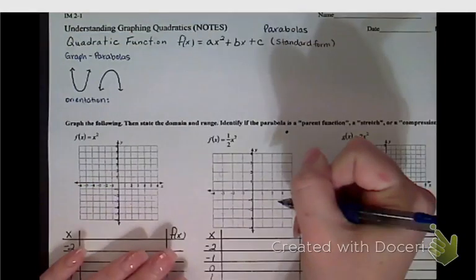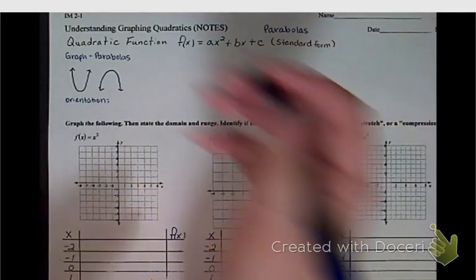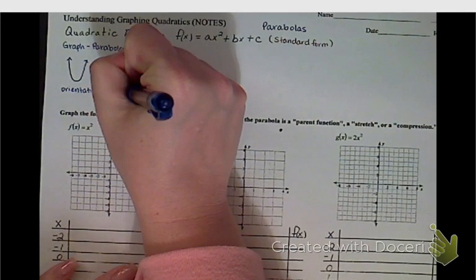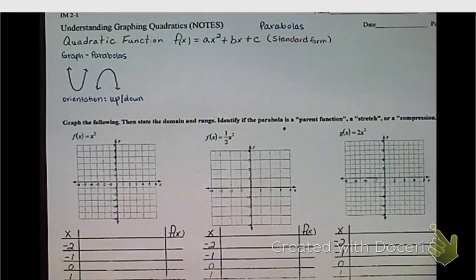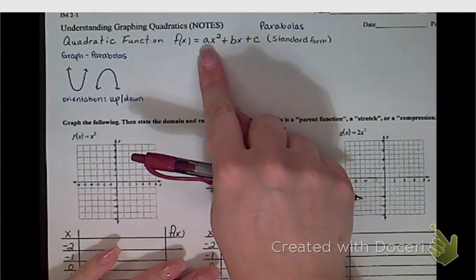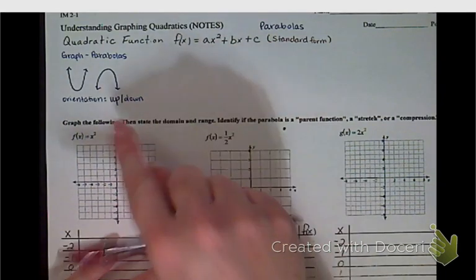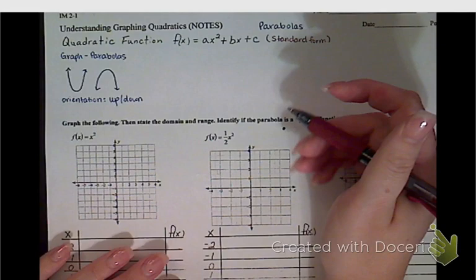So if you see orientation, you're going to say up or down. Now, orientation is all dependent on our a value. So whatever your a value is will determine your orientation.